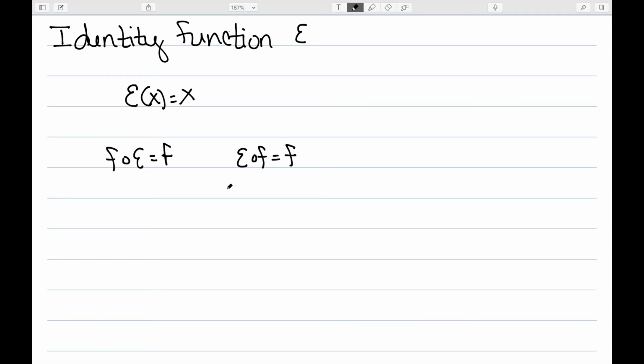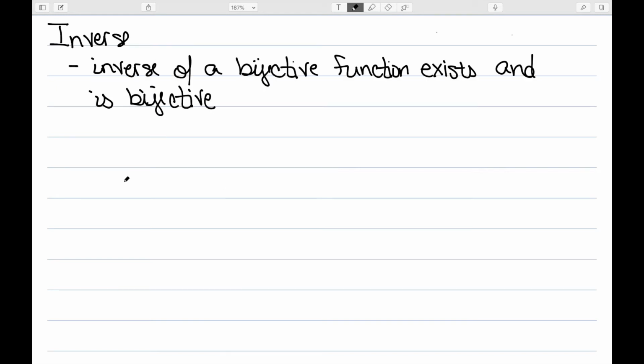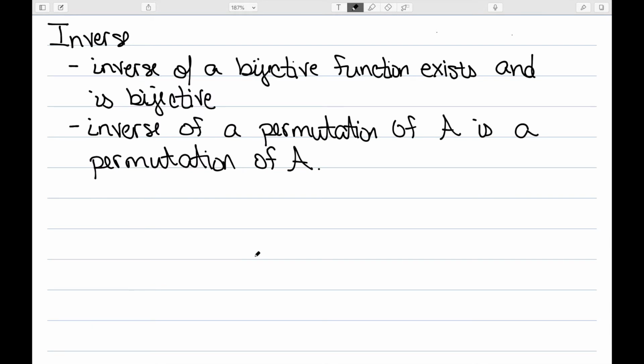Now that I have an identity, I need an inverse. The inverse of a bijective function must exist and is bijective. This is also something I proved in a previous video. This then extends to the fact that the inverse of a permutation of A is another permutation of A. So, not only do my permutations have an identity and inverses, they're also associative, therefore I have a group.